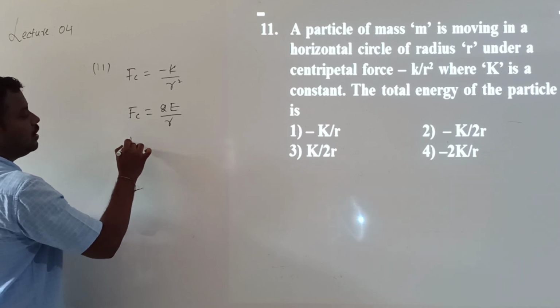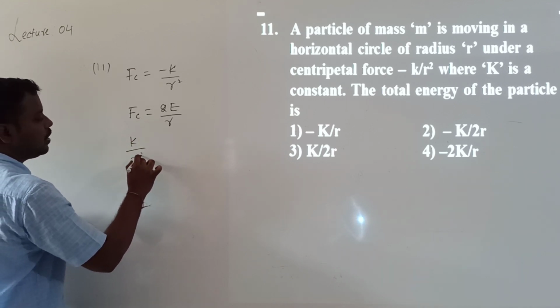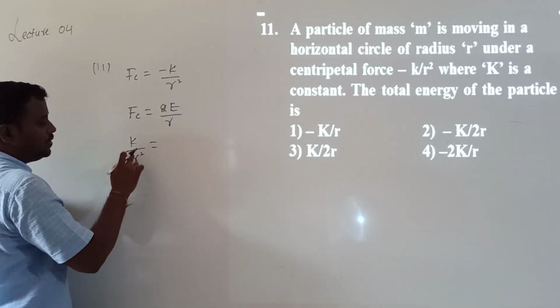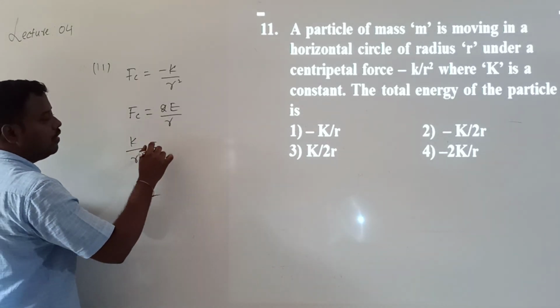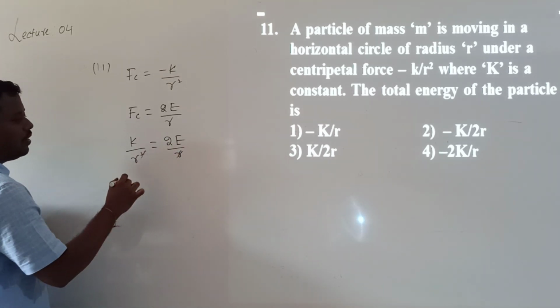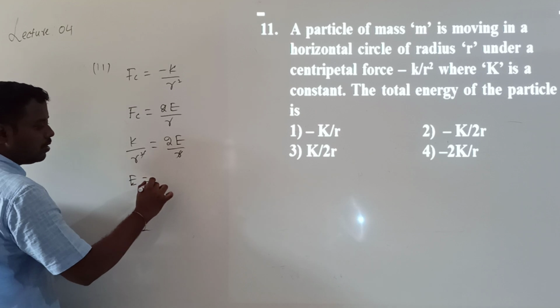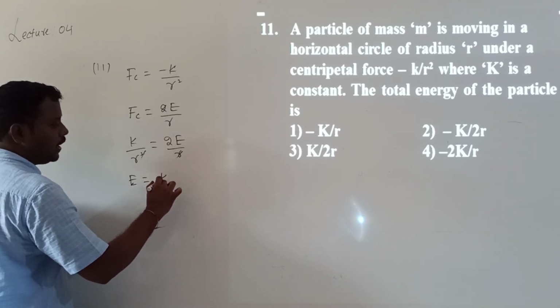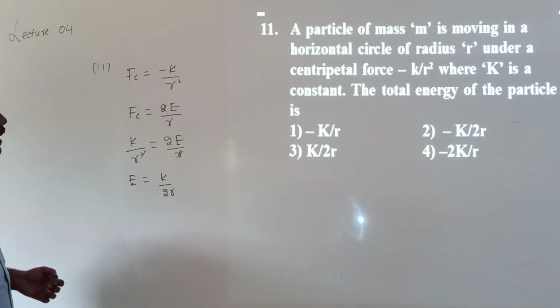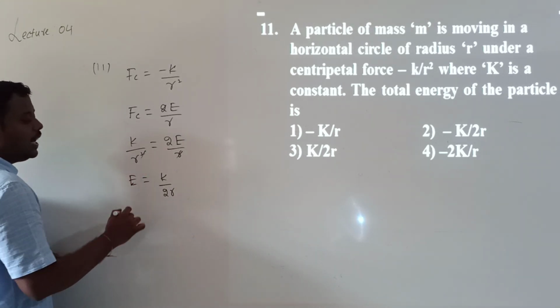What is Fc given? K divided by r square. You consider only the kinetic energy, which will always be positive. I will substitute the Fc value: K by r square will be equal to 2 into E divided by r. The r value cancels. So E is equal to K divided by 2 into r. This is the value of kinetic energy.